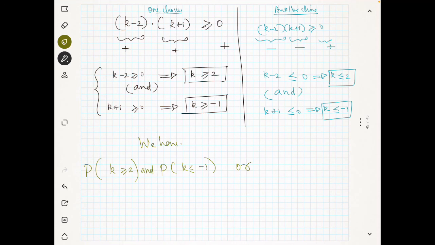Or we can have another condition: the probability that k less than or equal to 2 and the probability that k less than or equal to minus 1.